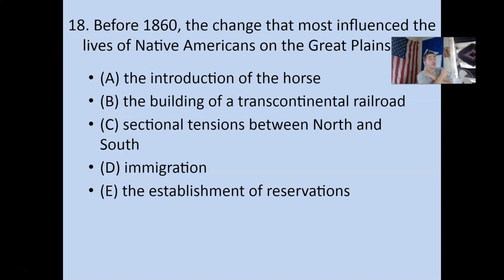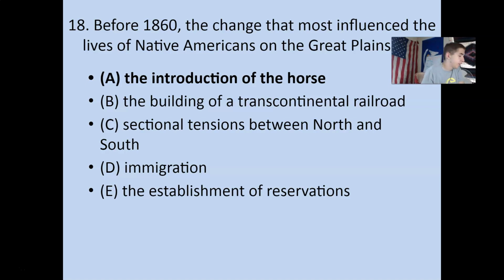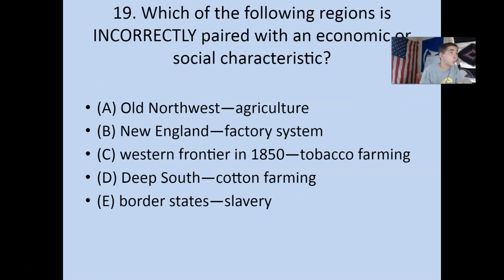Or E. The establishment of reservations. The correct answer is, wait for it, A. The introduction of the horse. They used horses for transportation, and it was easier to get around using a horse rather than walking.